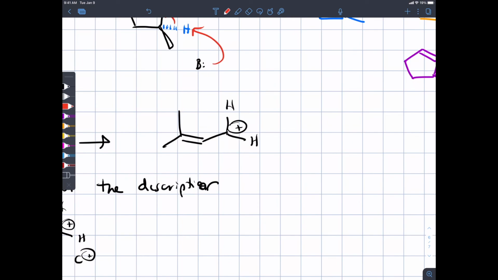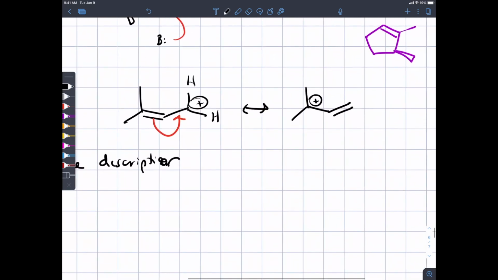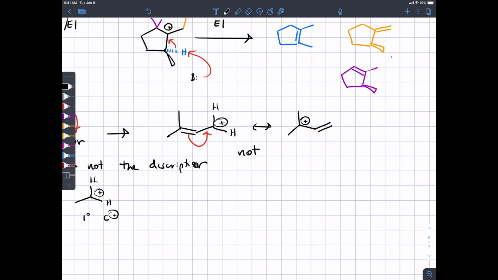It's not. The positive charge is adjacent to a pi bond. So by resonance, I can delocalize that positive charge. So now that is not a primary carbocation.